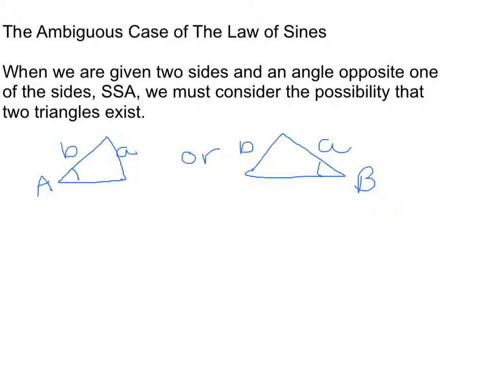So we might have two triangles if the height of the triangle is less than the two given side lengths. Normally we're not told anything about the height of a triangle, so we need to investigate the ambiguous case, whether it exists or not, on our own.